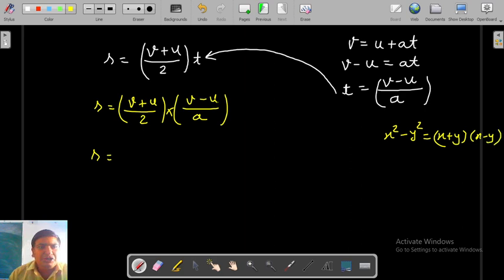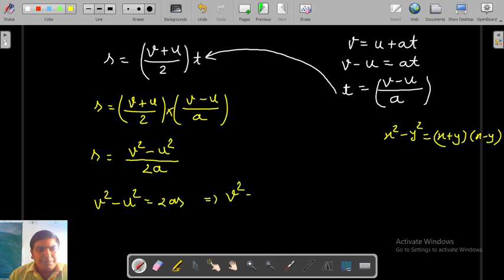So this same situation is over here, that is v plus u and v minus u. So we can write it v square minus u square by 2a. Okay, so we can take this 2a to the s side. We get v square minus u square equals 2as, and we can write that v square equals u square plus 2as.